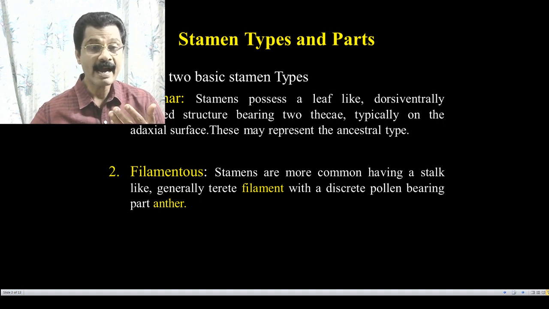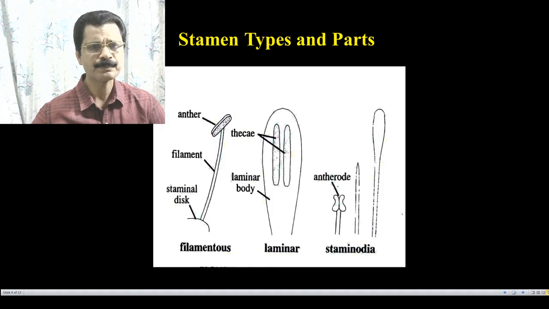These may represent the ancestral type. And another one is called filamentous type. Filamentous stamens are more common, having a stalk-like, generally terete filament with a discrete pollen-bearing part, the anther. These are the major types of stamens. One is called laminar stamens and another one is called filamentous stamens.